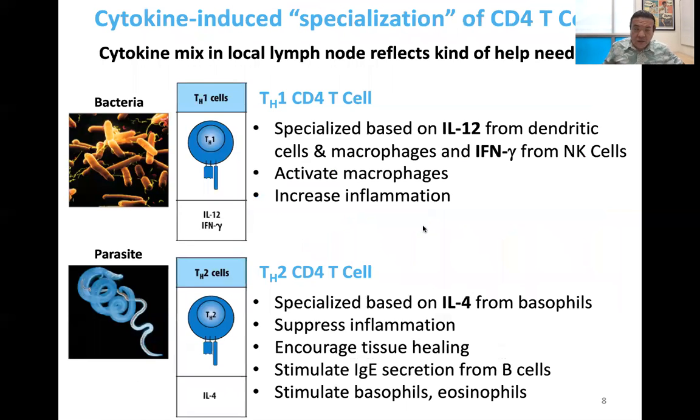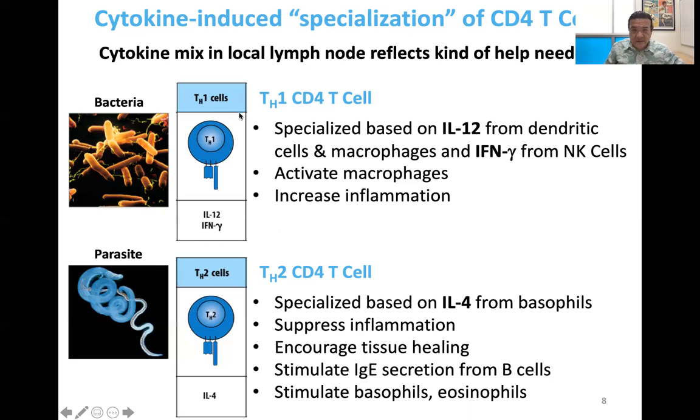Okay, so let's look at this important event of cytokine-induced specialization of CD4 T cells. So we said that the cytokine mix in the local lymph node where evidence of pathogen infection is being drained into and where the lymphocytes are activating reflects the need of your immune system to be able to mount the proper type of response.